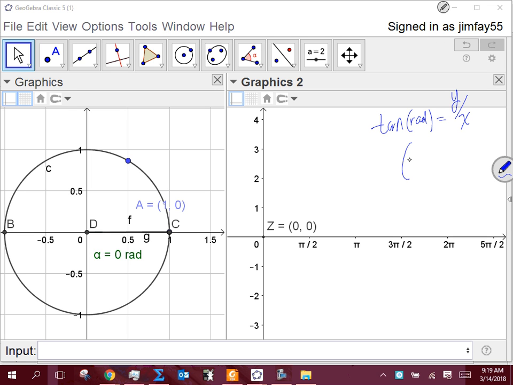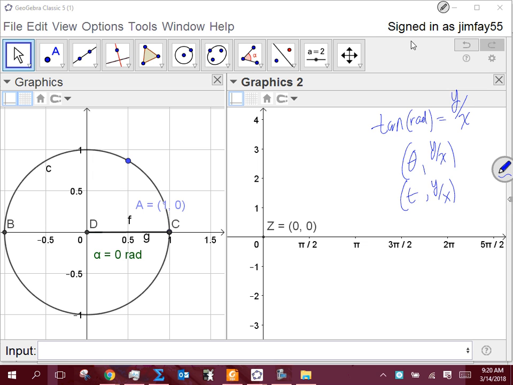So again, theta, or if you want to call it t again, those come from the measurements off the unit circle, and then this ordered pair is the y divided by the x off the unit circle for those radians, or that angle or that distance. And remember we talked about those being the same ultimately.